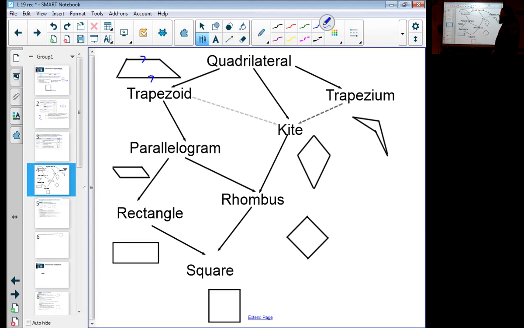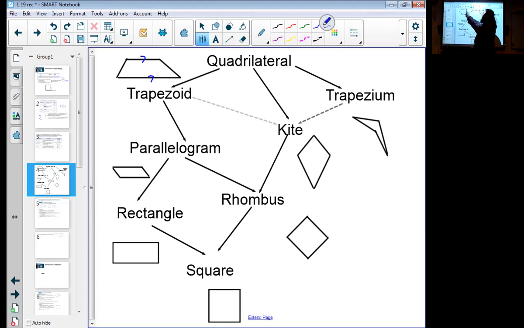So if you see something and you say that is clearly a kite, it is a trapezium because the sides are not parallel. But if the sides are in fact parallel, then it creates this trapezoid connection and it becomes a rhombus. So most of the time a kite is a trapezium. If you can say that's a rhombus, then that is not a kite.